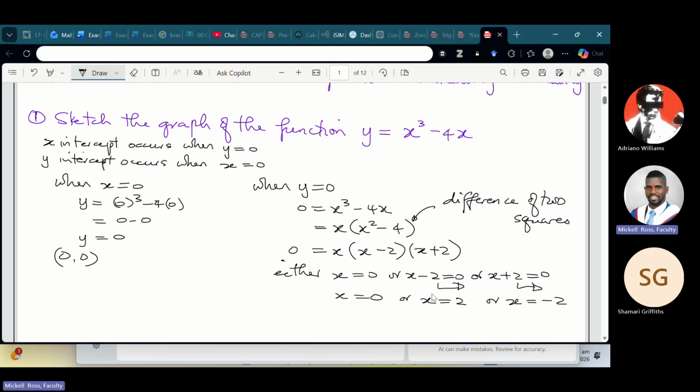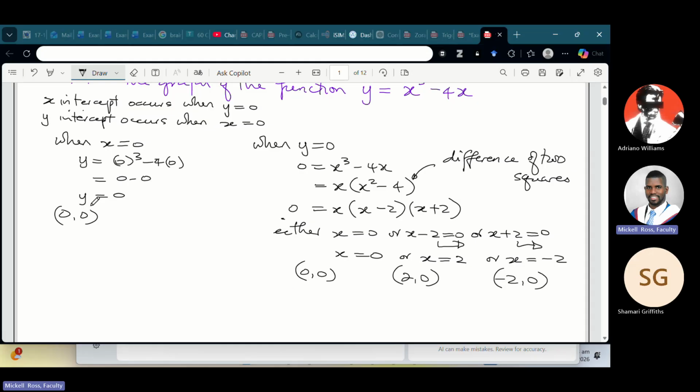So these are going to be our x-intercepts. We already know this point from over here. So when y is 0, x is 0, so one of the intercepts is (0, 0). We already found that point. And then one is going to be (2, 0), and then one is going to be (-2, 0), because remember, this is when y is equal to 0. So when y is 0, x is 0, x is 2, and x is negative 2. So we have three points. But again, we already found this one from over here.